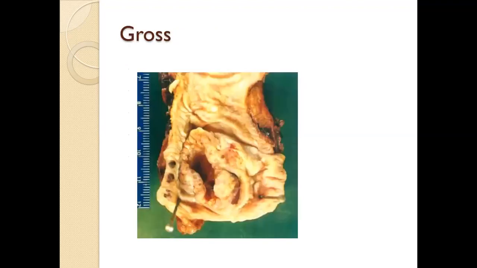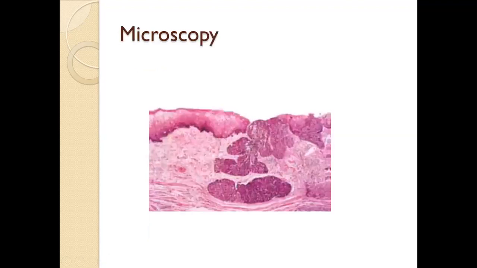Gross appearance: here you see a fungating mass lesion in the lumen of the esophagus, and most commonly they occur in the middle third of the esophagus. And this is the microscopy. So there is an invasive squamous cell carcinoma.